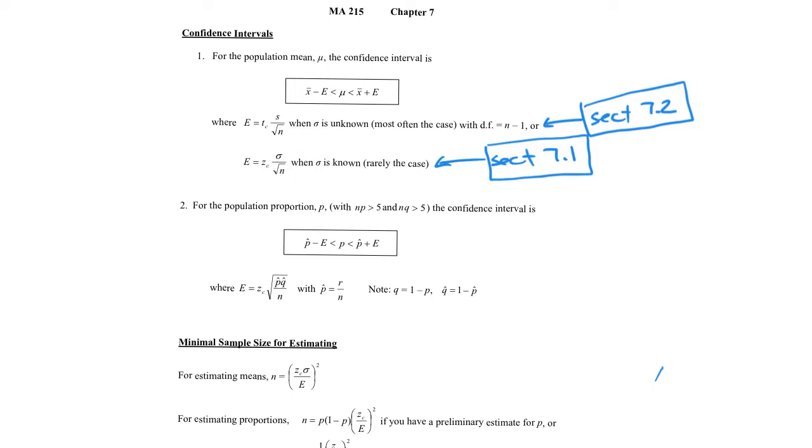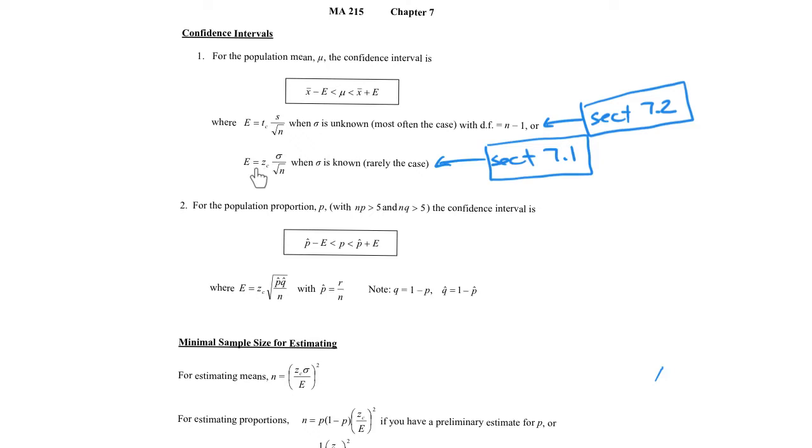So for sections 7.1 and 7.2, we are building confidence intervals for the population mean. The only difference between these two sections is that in 7.2 we don't know sigma, so we use Student's t instead of the standard normal.